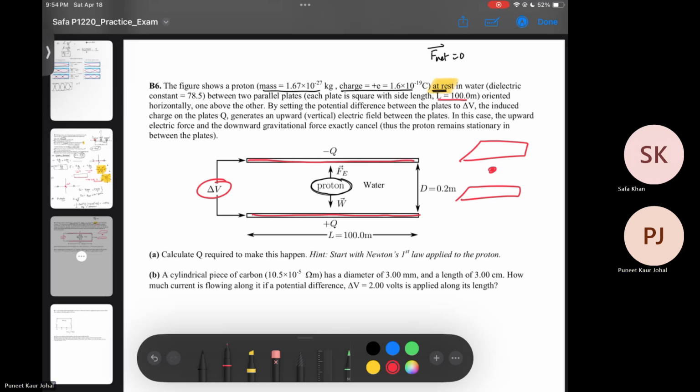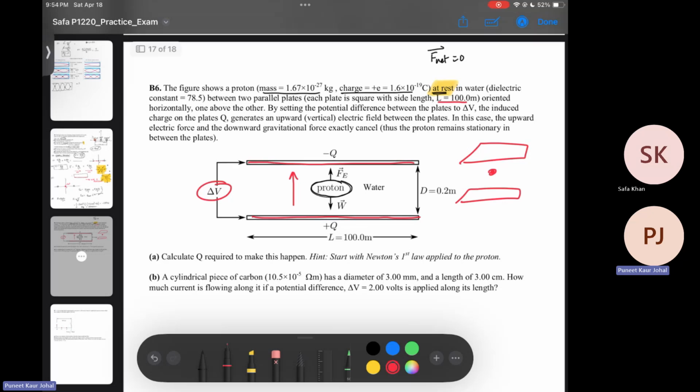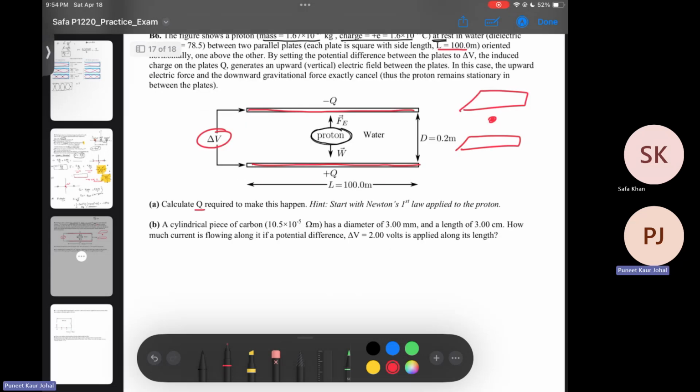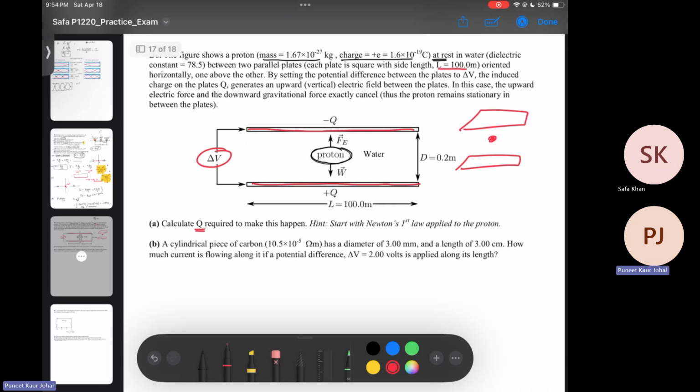So this proton is experiencing an upward electric force. In this case, the upward electric force and downward gravitational force exactly cancel. Even if they didn't write it, you would know that because it's at rest, so they must cancel, right? It says calculate the Q required to make this happen.